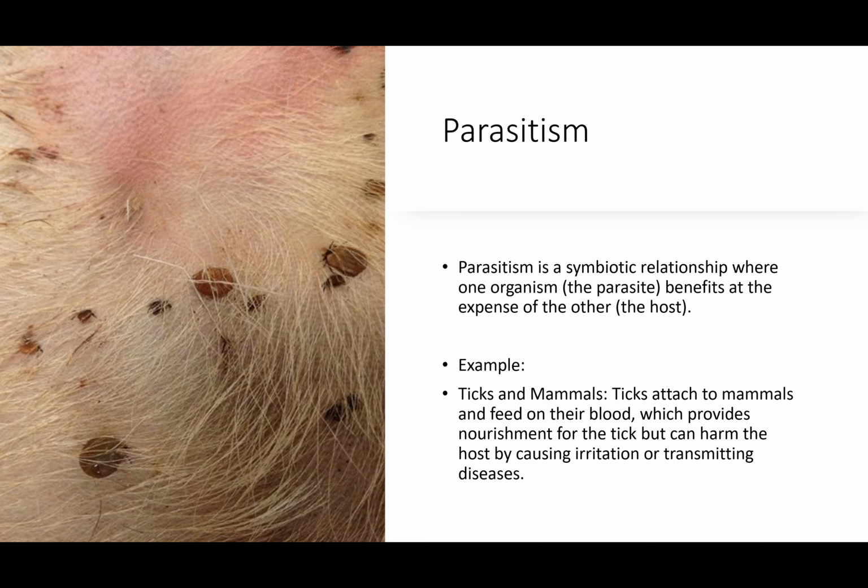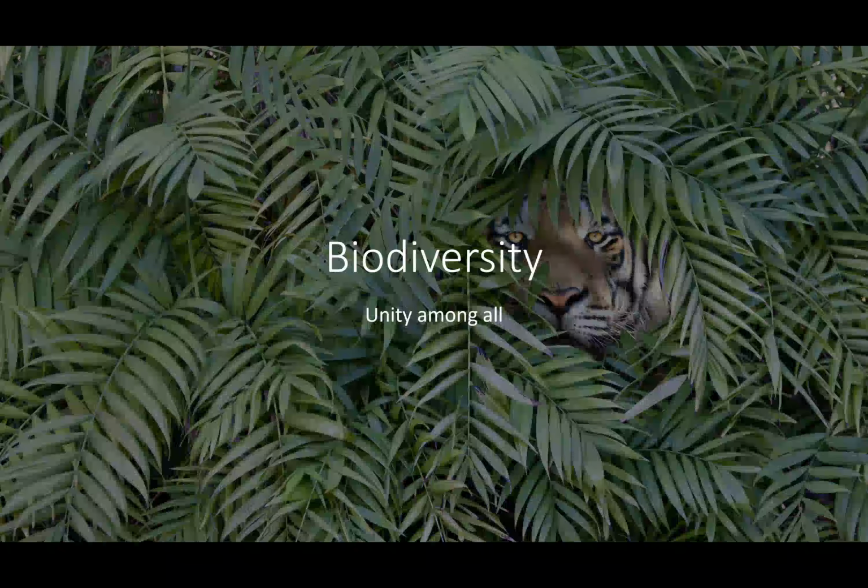Any other form? We have the mosquito and the human specifically. Any other parasites? Alright. We have the tapeworm and the human. Alright, we have stuff like that. So different types of parasites, right? So now let's start looking at biodiversity itself and explain the intricacies within these structures.